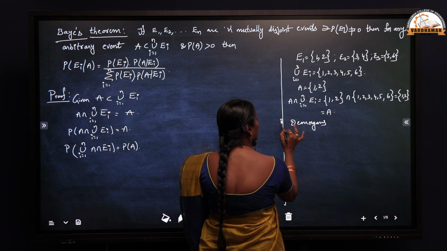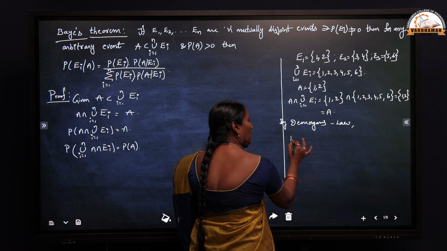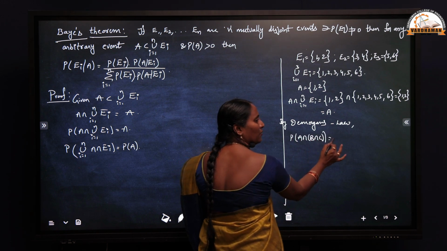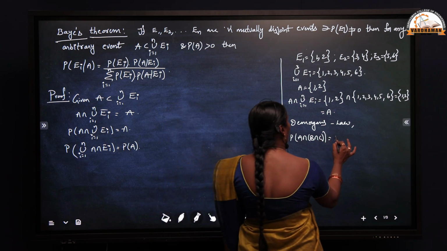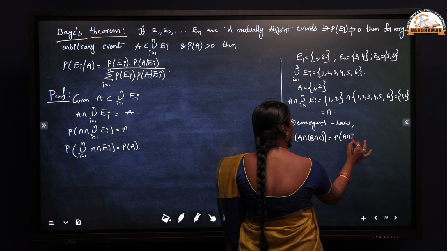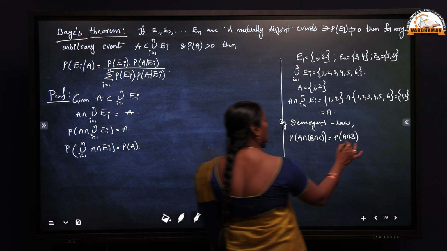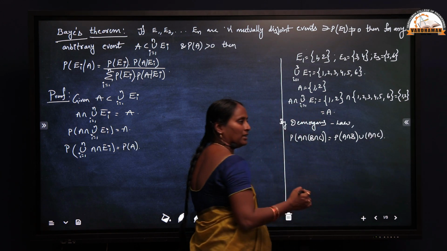If you have 3 events, P of A intersection B union C is written as the union of A intersection B and A intersection C, in this way.